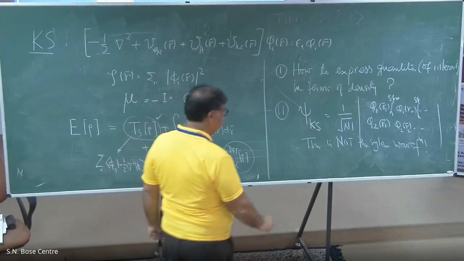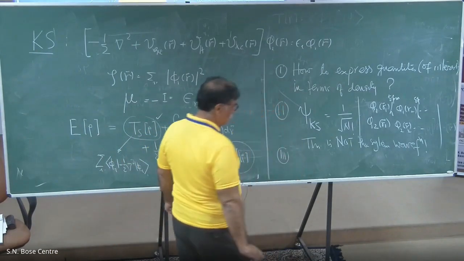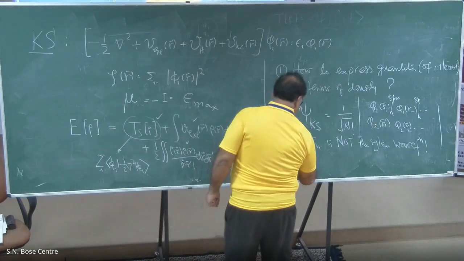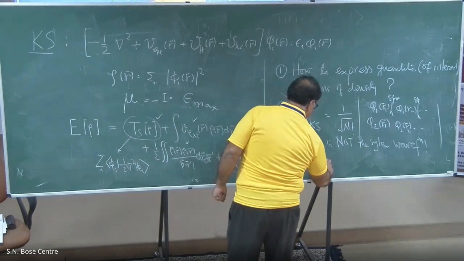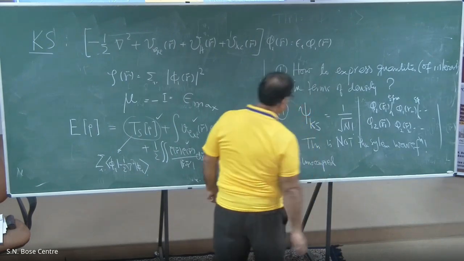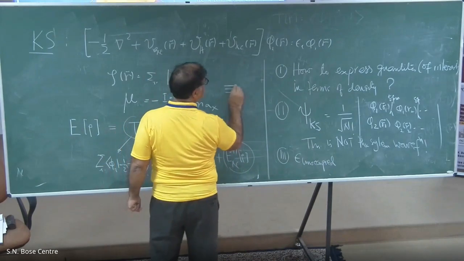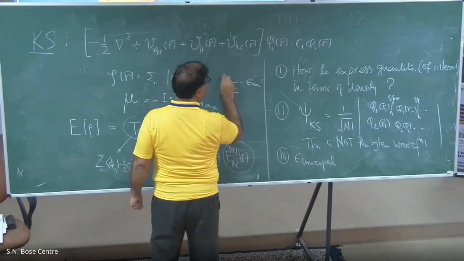Number three: epsilon unoccupied. If I solve this, what are you getting? You're getting occupied levels, epsilon max, and then unoccupied levels.